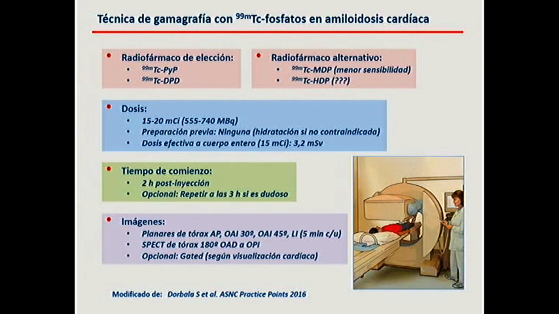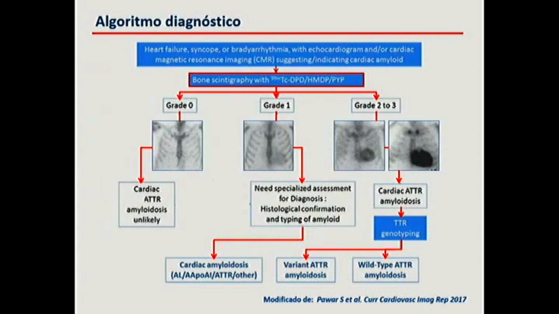These are the technical conditions. You can find this in the guidelines and practice points. Images 2 hours post-injection. We can repeat 3 hours later if it's doubtful. Planar thorax images, and SPECT if we have the possibility to do it.